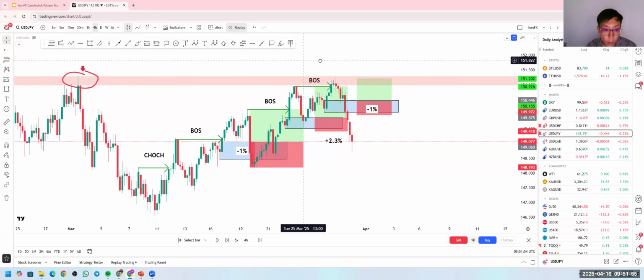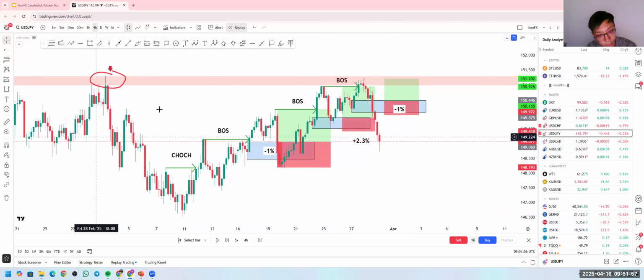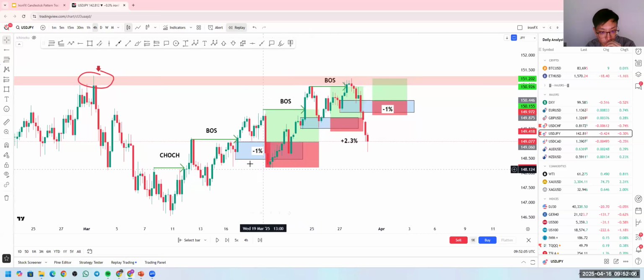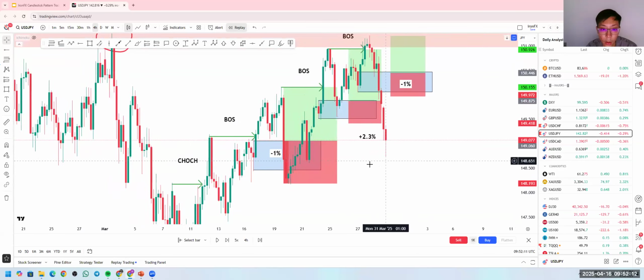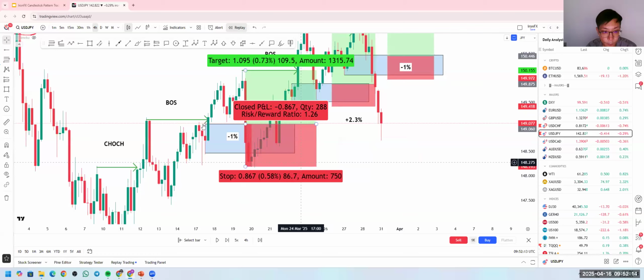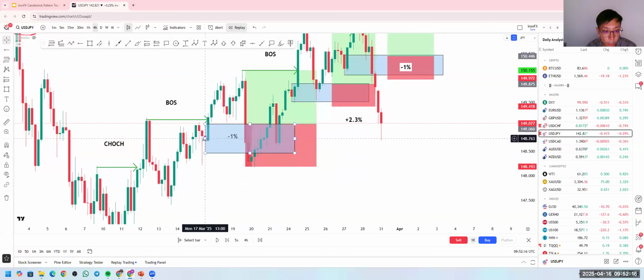Okay, so order blocks is basically, for example, let me show you. Yeah, all these trades that I highlight are actually considered order blocks.